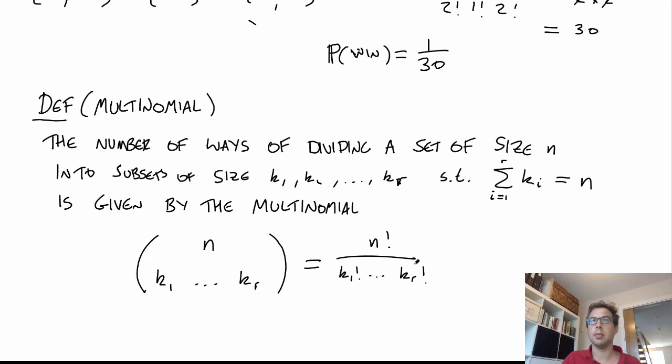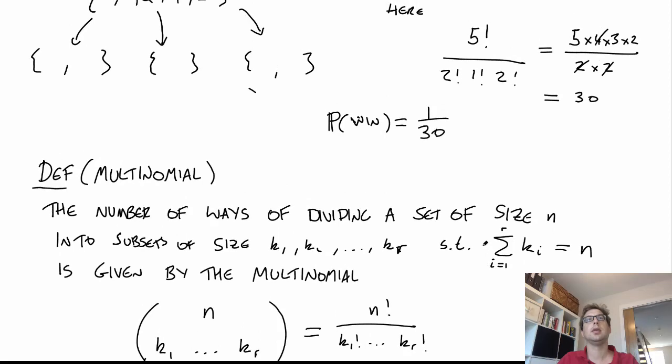So we multiply along the bottom each of these terms.